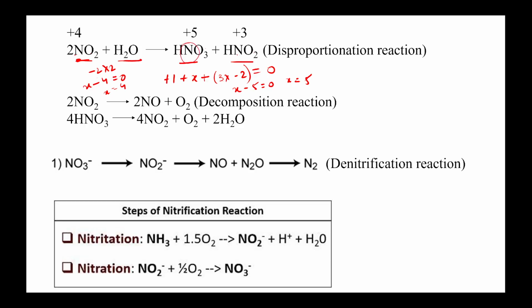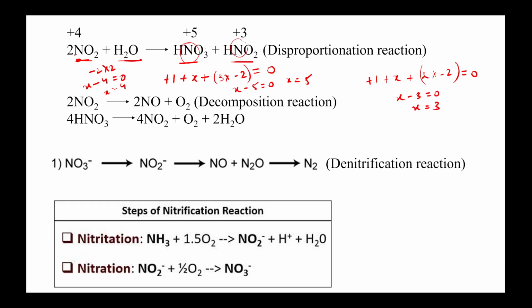Oxidation state of nitrogen in nitrous acid, again let's calculate: +1 plus x plus, there are 2 oxygens, so 2 into -2, that means -4. -4 plus 1 would be -3. This is equal to 0. So x minus 3 is equal to 0, so x is equal to 3.